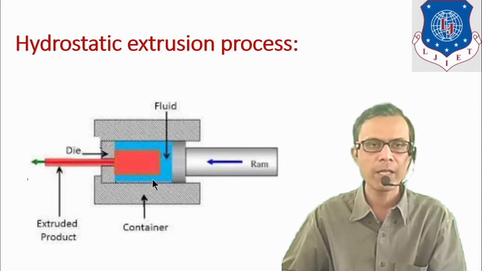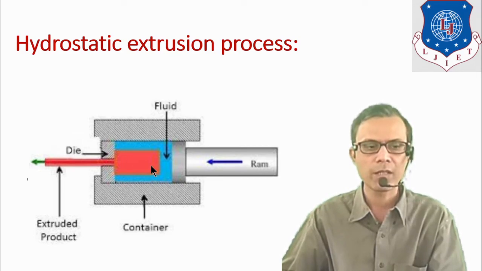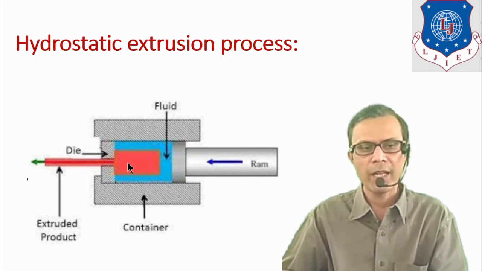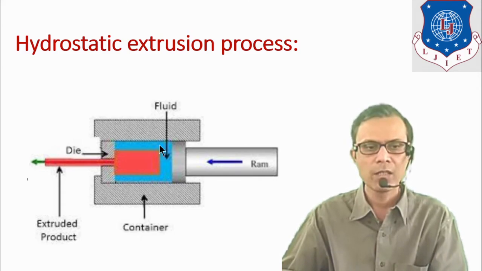This is a simplified diagram of this process. These two parts represent the container. Then this red color is representing the billet, and this billet is surrounded by this fluid which is shown by this blue color. Movement of the ram is shown here, and the die is shown by this gray color.